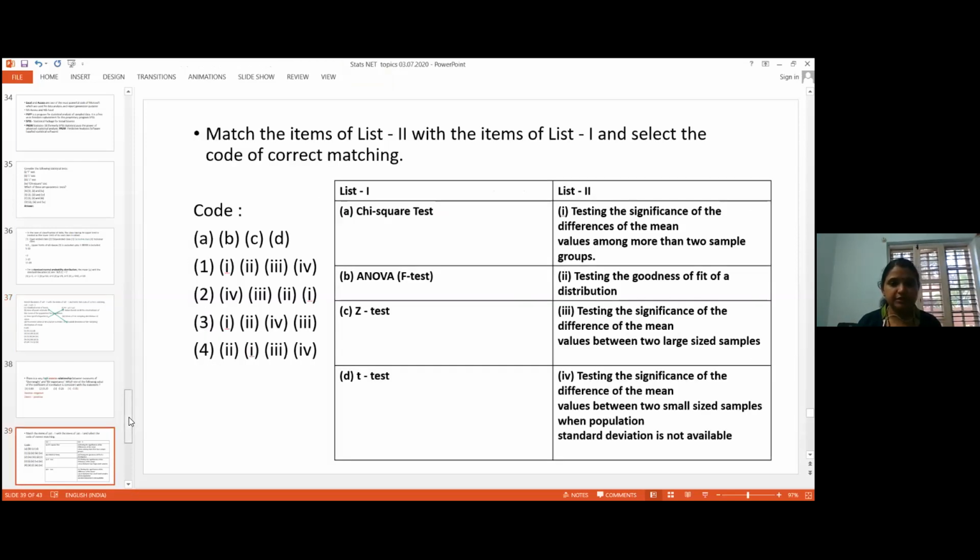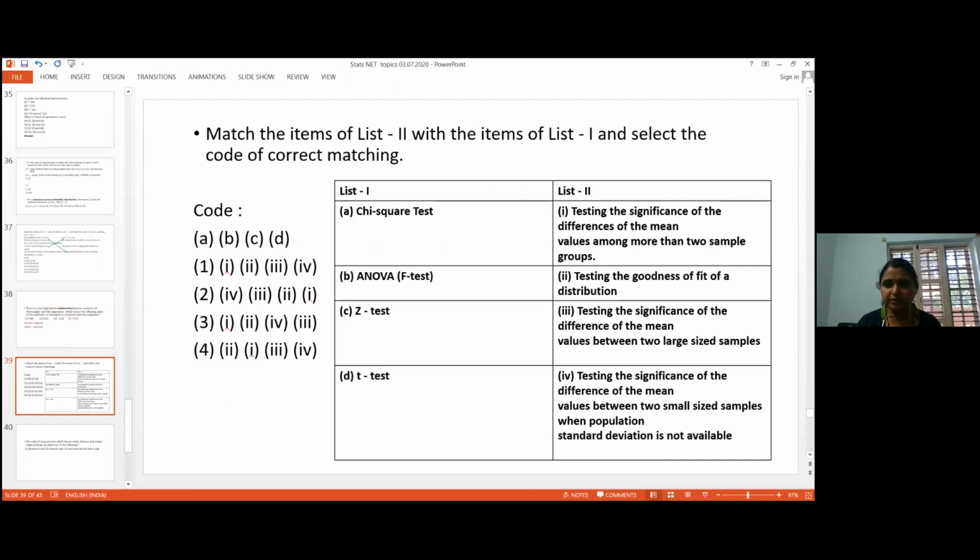Next one is this. Same way, quickly you can say now. Chi-square test. Let us figure out one or two, because they are distinct answers. Chi-square test: goodness of fit. Test of significance of means, difference of means. So chi-square goes with goodness of fit.